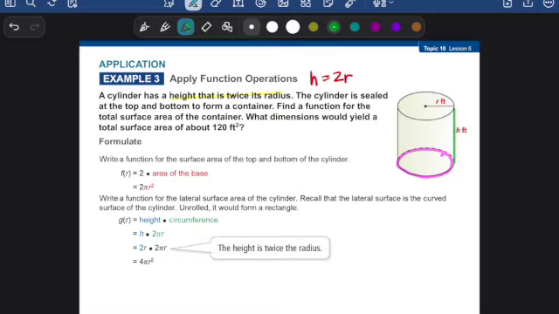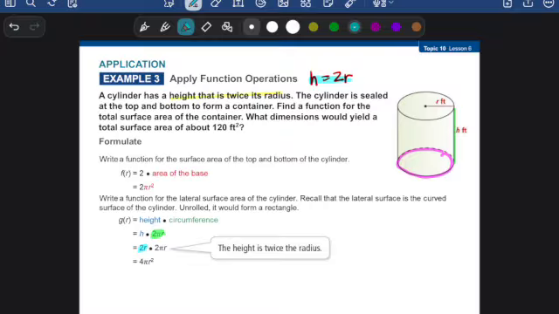Circumference, remember, is 2 pi r, and then we're just going to multiply that by height. I'm glad I wrote this down, because height is also 2 times the radius, so we can already substitute 2r for our height in our equation. And then if we simplify, 2 times 2 is 4 times pi, and r times r gives us r squared.